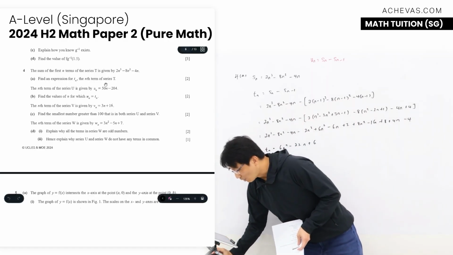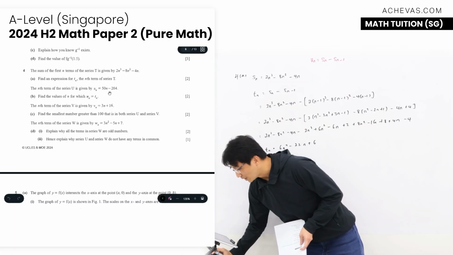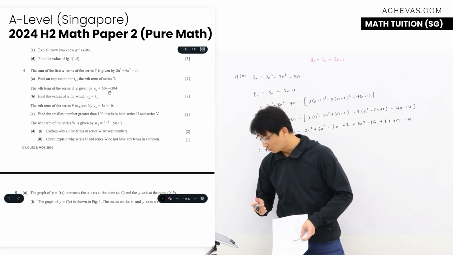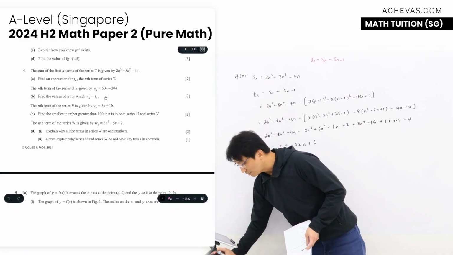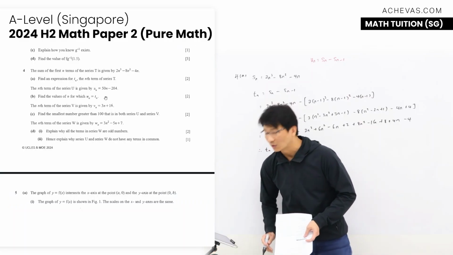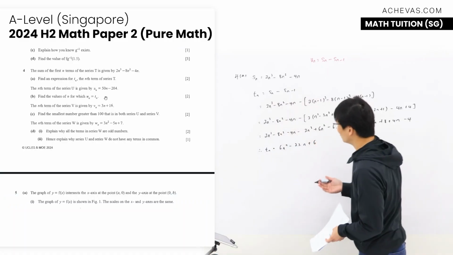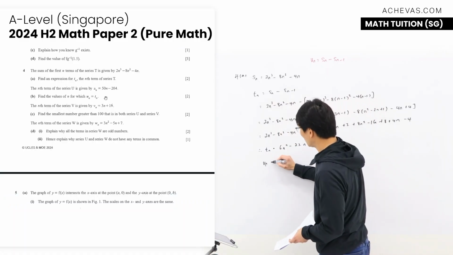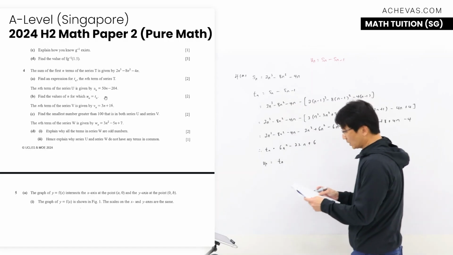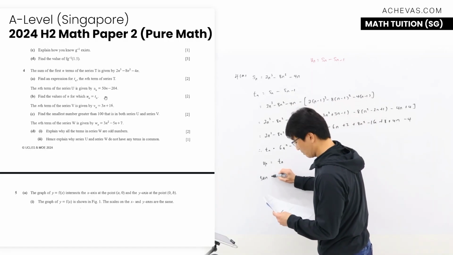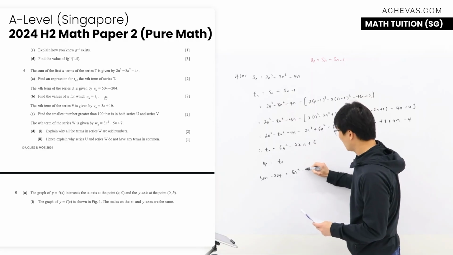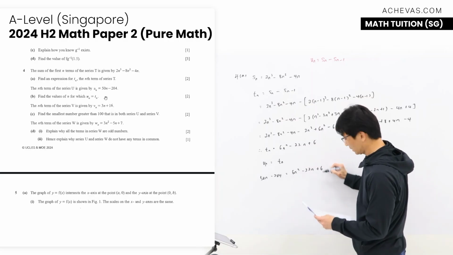For the next part of the question, we are given another expression, which is Un equal to 50n minus 204. Part B wants us to find the value of n for which Un equal to Tn. I'm going to just equate these two separate equations. Un will just be 50n minus 204, and this is just 6n squared minus 22n plus 6.